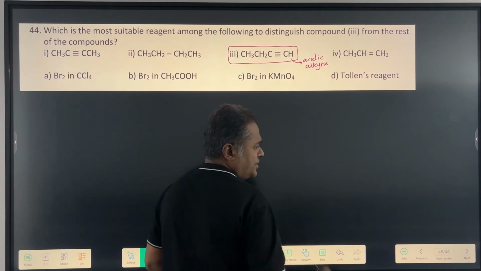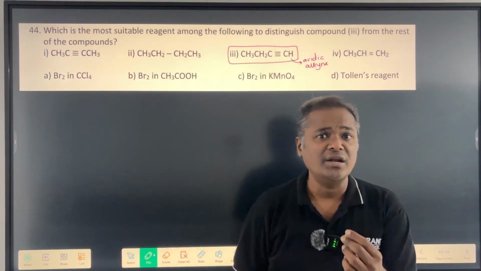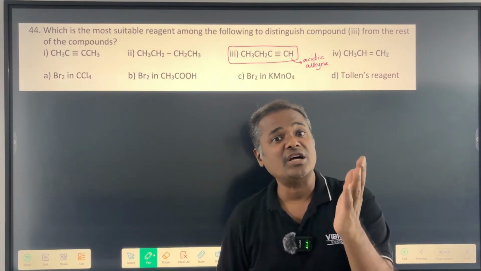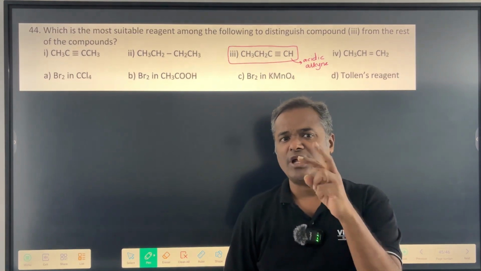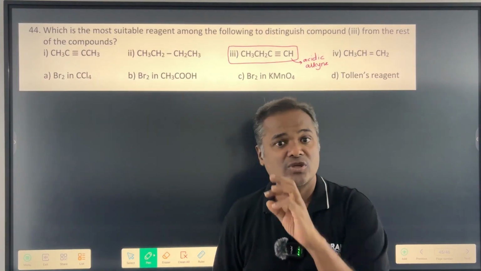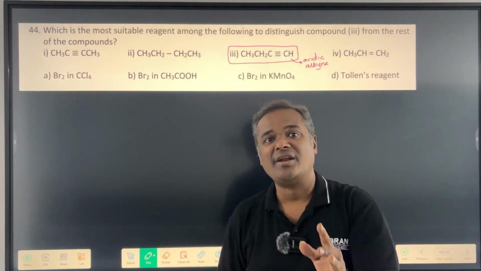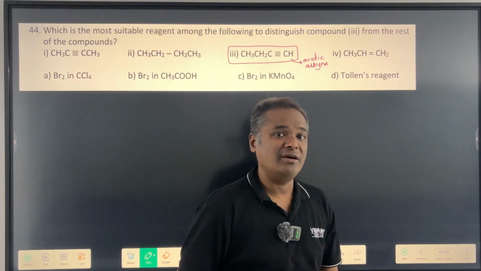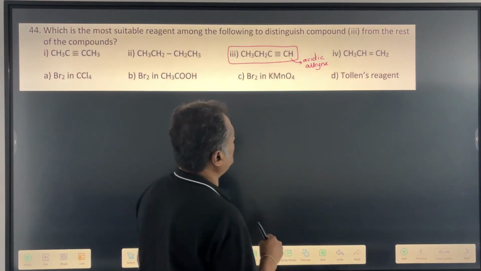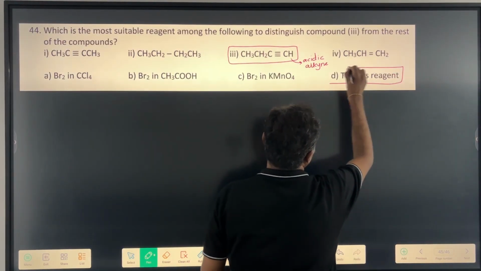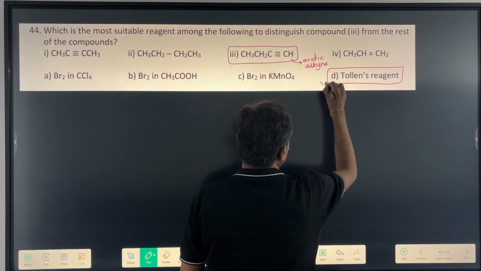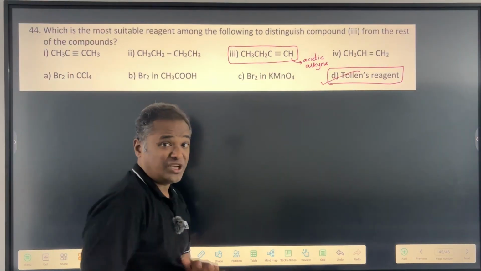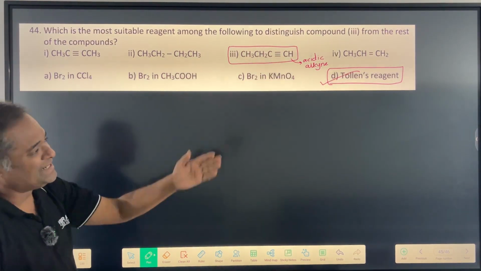If you remember, while discussing alkynes we did laboratory tests for distinguishing terminal alkynes, that is acidic alkynes, and for that we have 2 tests, ammoniacal cuprous chloride and ammoniacal silver nitrate, which is called Tollens' reagent, because Tollens' reagent will give a white precipitate with terminal alkynes. Over here we have Tollens' reagent which will give a white precipitate with this compound, whereas for all other compounds the test will be negative. So the correct option for this question is D.